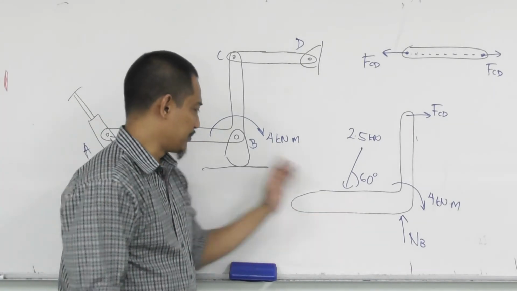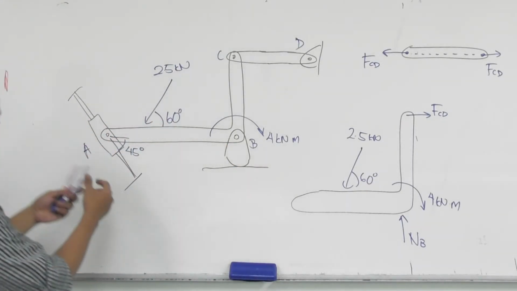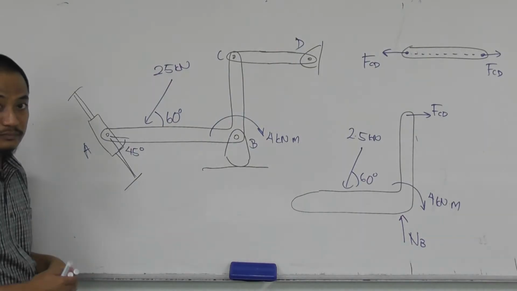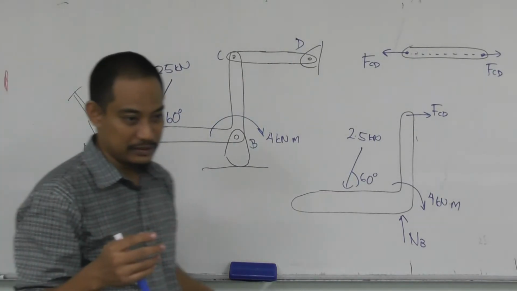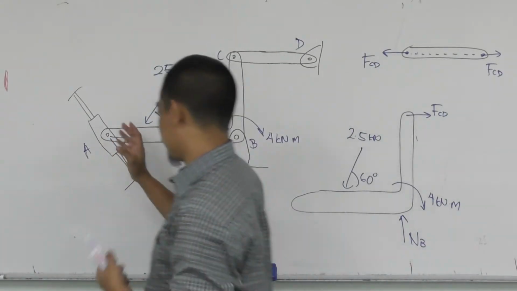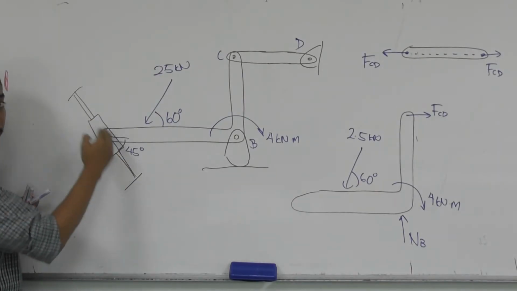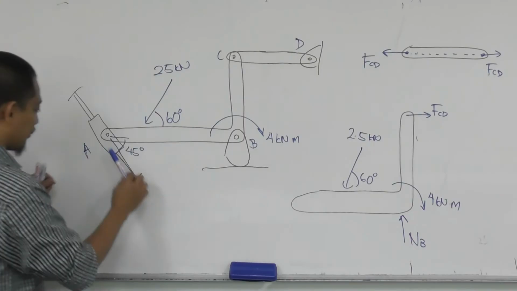Why is there no moment? Because this doesn't prevent any rotation. The rocker will just rock. What about this one? As we mentioned earlier, it's a collar. So the question is, can it move in this direction? It can, because it can just slide along this axis.